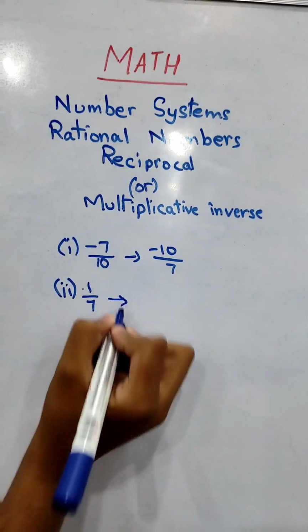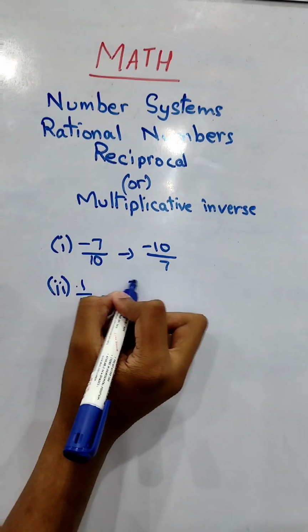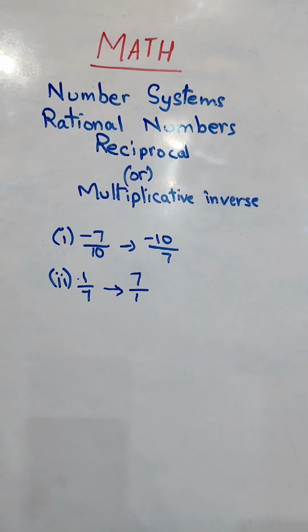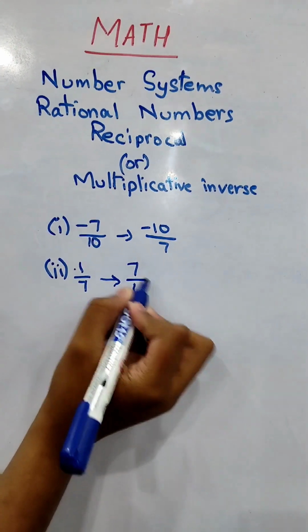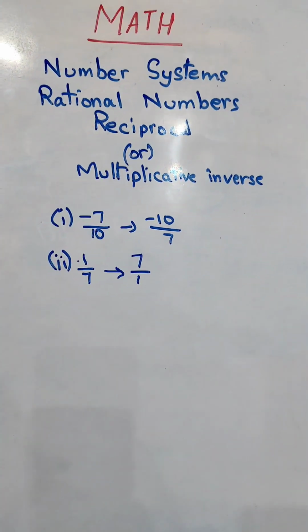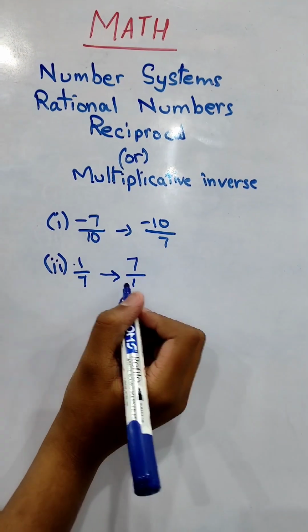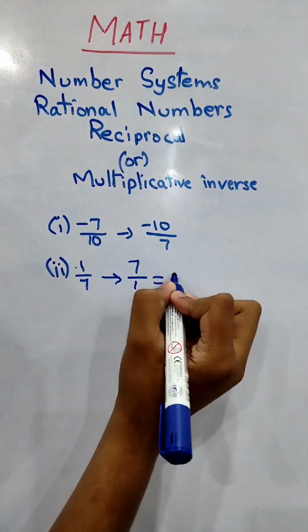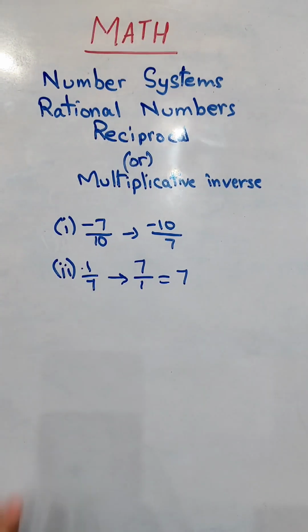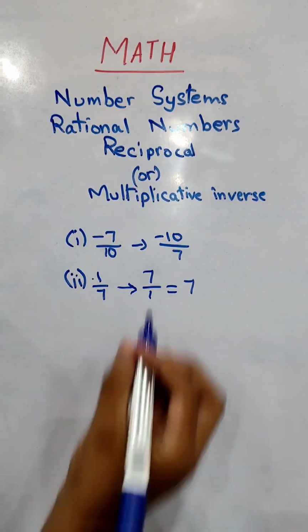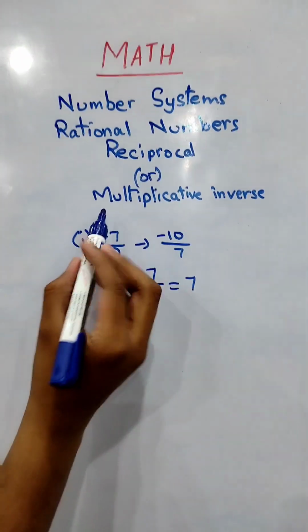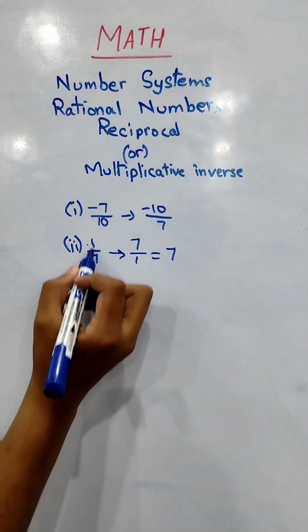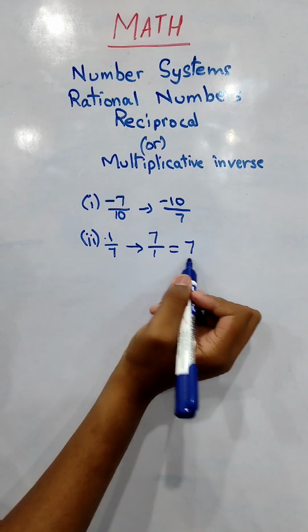If you see here, this will turn into 7 by 1, but we've learnt in fractions that any fraction which has 1 in the denominator automatically converts into a whole number, because 1 can divide any number, as I've said earlier. So 1 by 7's multiplicative inverse is 7 itself.